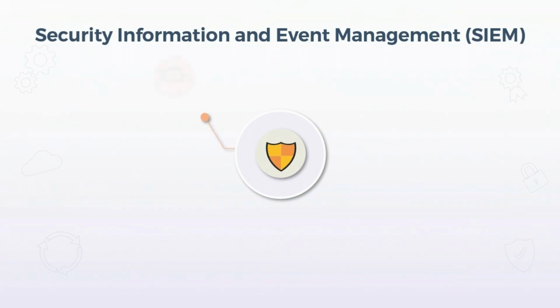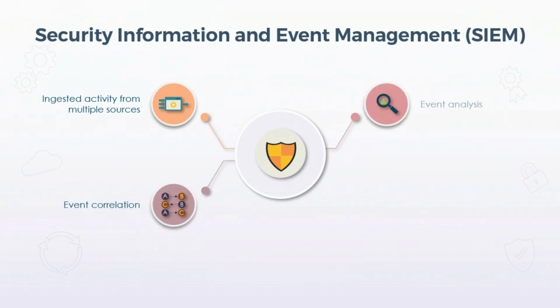What happens is we can configure our SIEM solution to ingest activity from multiple sources, from firewall logs, from web server logs, individual client device logs, all of it gets ingested into a central location. The SIEM solution will then perform event correlation and event analysis, and if it detects that there are security incidents, then we can get real-time security alerts.